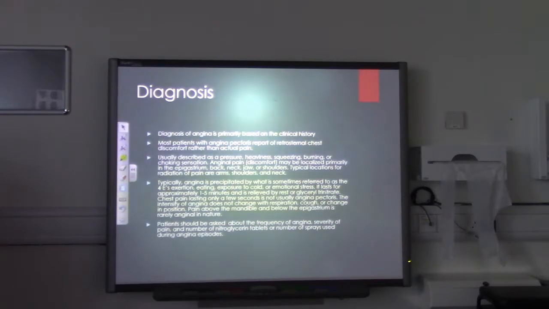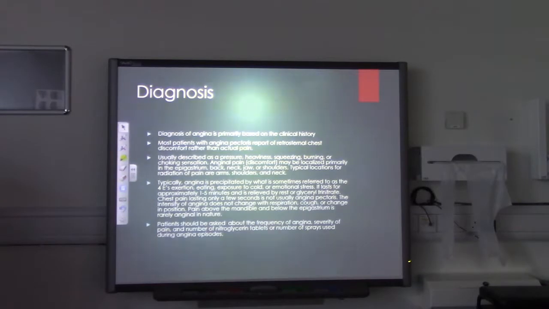Typically, when we're gathering a history from these patients, angina is predicted by what is sometimes referred to as the 4 E's. So normally it results from exertion, whether that's an increase in some sort of physical activity. Eating, often after eating a large meal, then sometimes patients will experience this chest pain as blood flow is redirected towards the gastrointestinal tract.